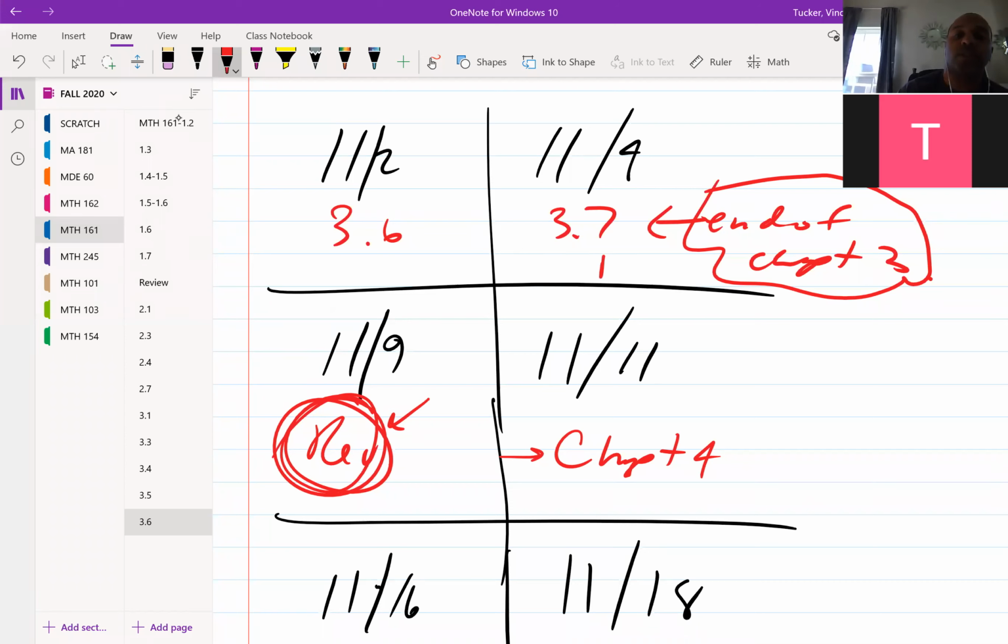You can even ask questions next class because 3.7 is not a long chapter at all. So if you have questions, something you want to see done, I believe the test review has already been posted. You can look in there and see if you see some questions you want me to do, and we can do those on the 4th as well. So make sure you take advantage of that.